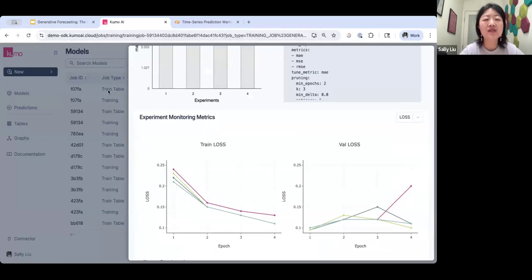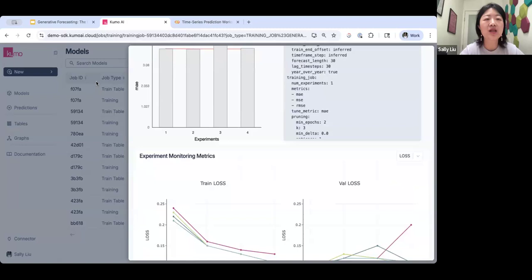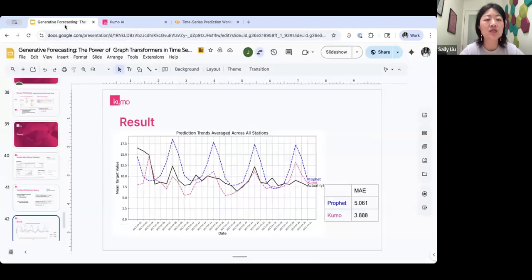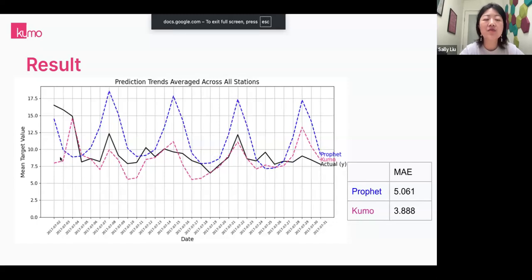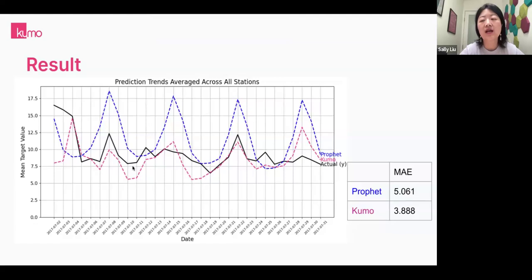And then after you finish training, let's pull up the results and see what it looks like. So here, this slide shows some base case predicted by Prophet, and this is a result from Kumo. And you can see we have a lower MAE. Everything here is pretty much out of the box.